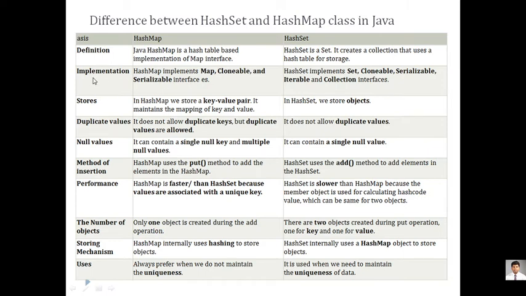Now, what it implements here, as far as hash map is concerned, hash map implements map. This is the parent interface, then clonable and serializable. Okay, these are the only 3 interfaces which are implemented in hash map. As far as hash set is concerned, it is implementing set features. Again, clonable is there, serializable is there, but it is again having 2 more interfaces getting added into this.